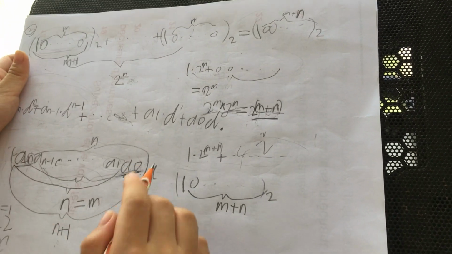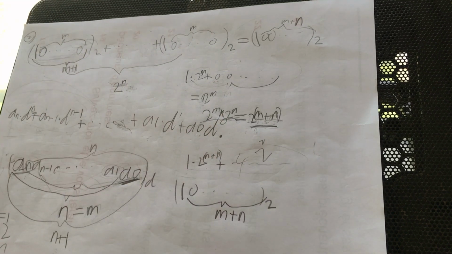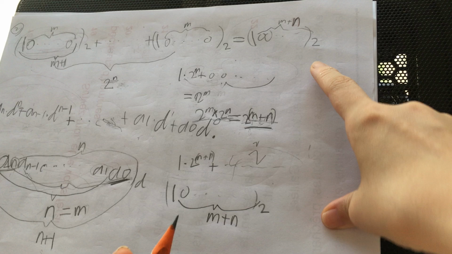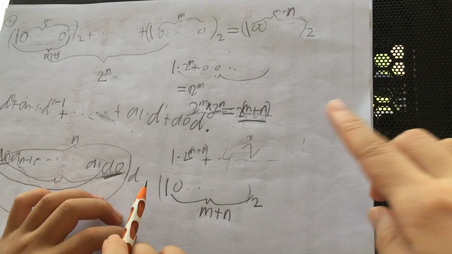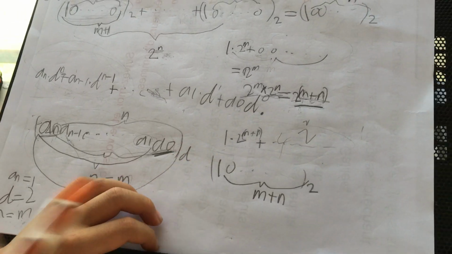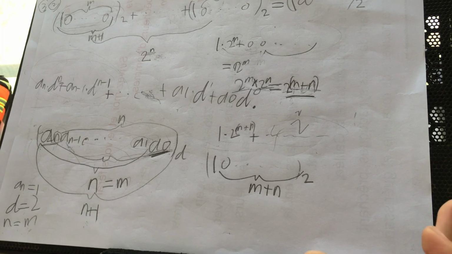Okay, so now we have this. We need to convert it back into the notation or expanded form. Because we evaluated the expanded form, we couldn't get the notation.